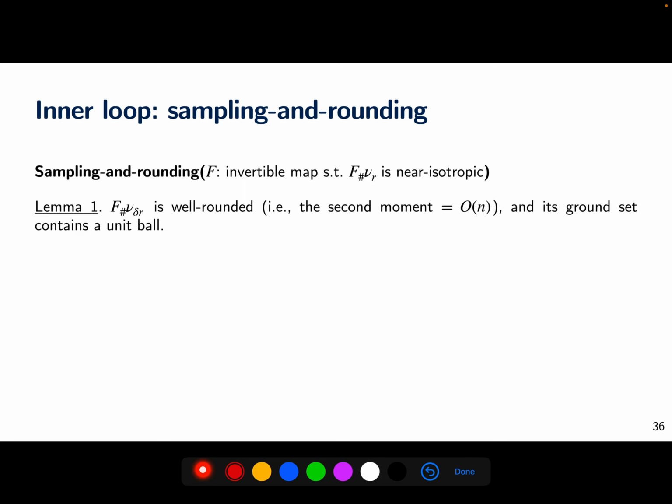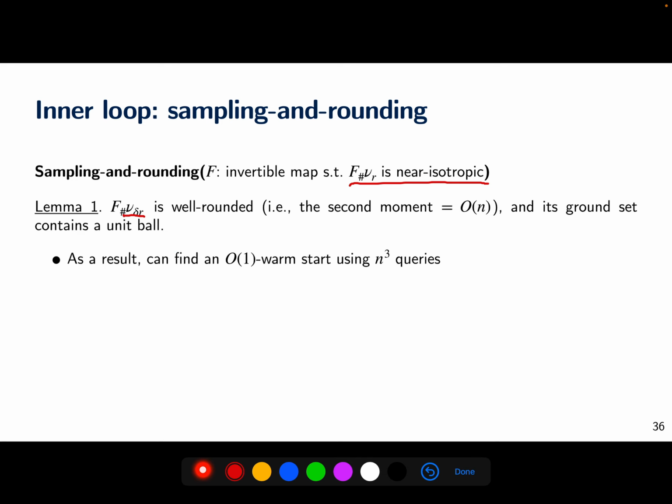So here, let me give you a series of theoretical lemmas on this algorithm. First of all, when the push forward measure of nu R is near isotropic, the push forward measure of the next distribution is well rounded, which means the second moment is O(n), and its ground set also contains a unit ball.